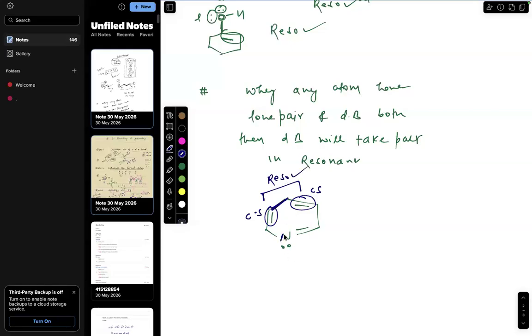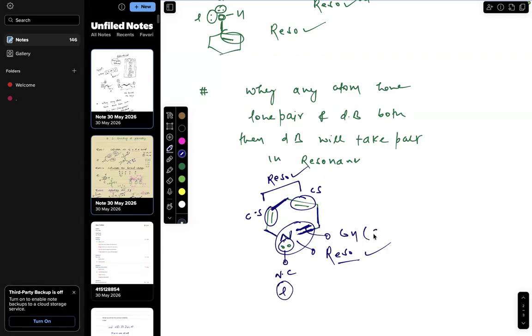Now look at the nitrogen. If you consider the double bond or the lone pair, either is also conjugated. If the double bond, we have a single bond here. And if the lone pair, we have a single bond. So both are in resonance, but the priority is given to the double bond. So if the double bond is conjugated here, then the lone pair would be non-conjugated, also known as localized.